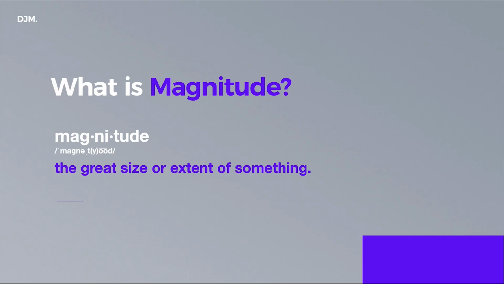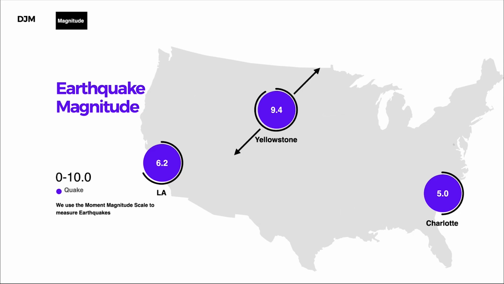So first thing that we'll do is go over what is magnitude marketing. And a great place to start is, what is magnitude? Magnitude, as we understand it, is the great size or extent of something. So I want you to think about, for example, an earthquake. With earthquakes, we actually measure earthquakes on the moment magnitude scale. It used to be the Richter scale, but that was proving inefficient, and it's now the moment magnitude scale. The magnitude scale, again, as we had talked about before, measures the great size or extent of something.